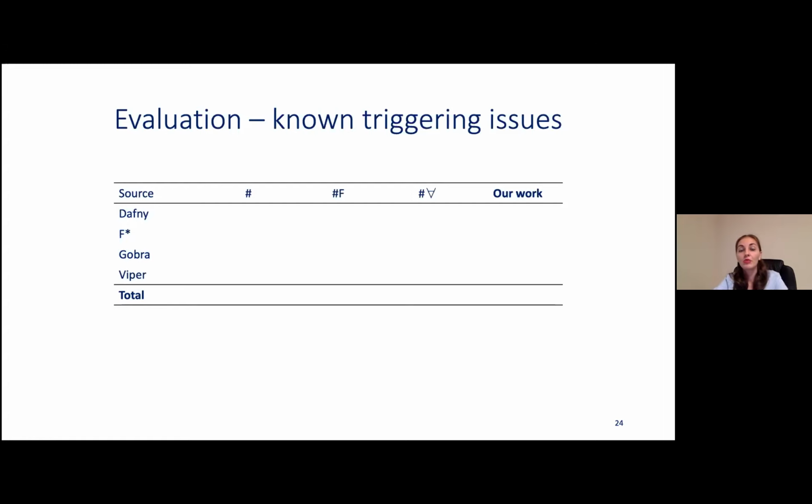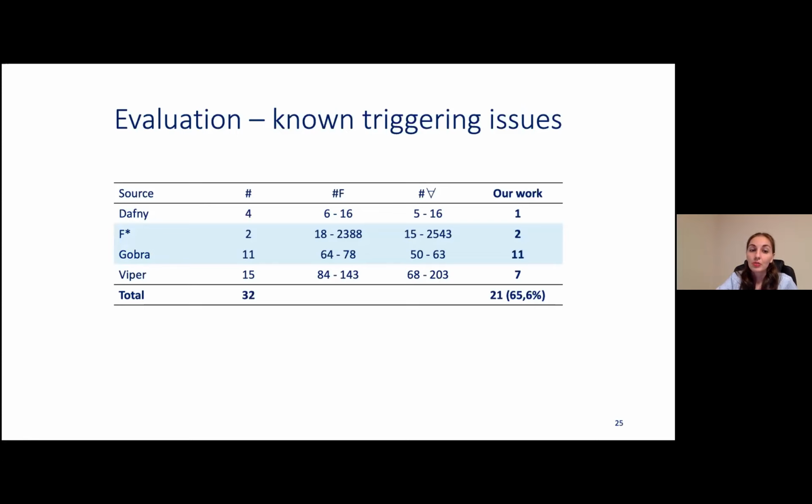In this table, we show the number of benchmarks we have collected, the minimum and maximum number of formulas that they contain, the minimum and maximum number of quantifiers that they contain, and in the last column for how many our work succeeded to synthesize the required triggering terms. As can be observed, out of 32 examples that we have collected, our algorithm succeeded for 21, including all the F-star and Cobra examples.